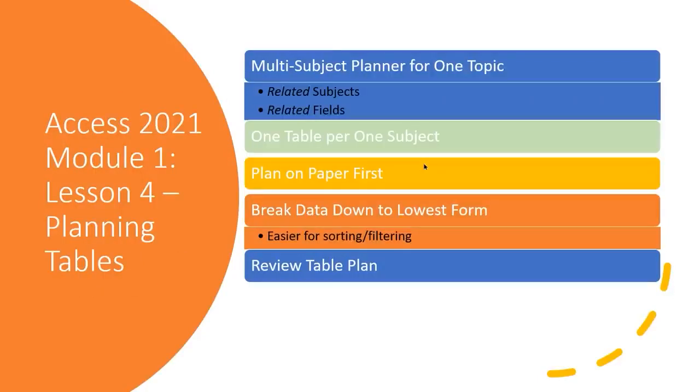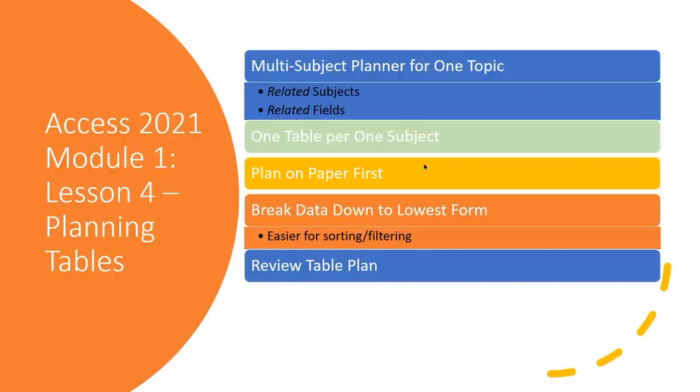When I learned how to plan database tables, I learned to think of a database as a multi-subject planner that has one overall topic. So the database that we're going to create is going to be similar to Northwind in theme, and that it's really going to be about customers, their orders, and things of that nature, products.